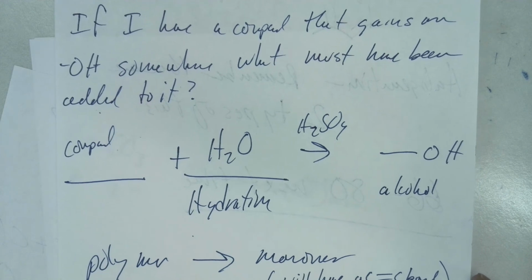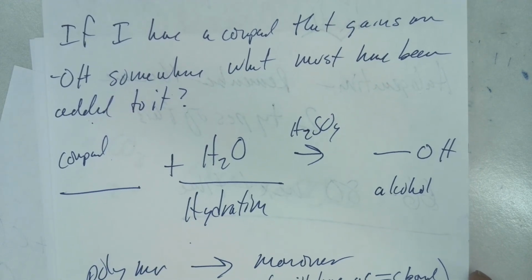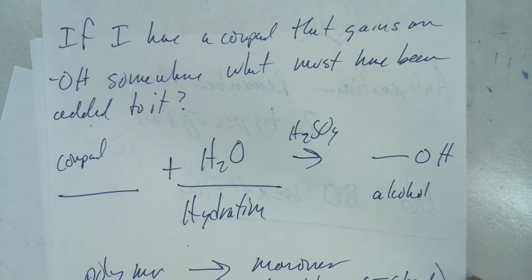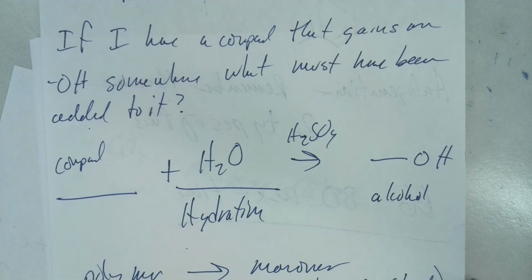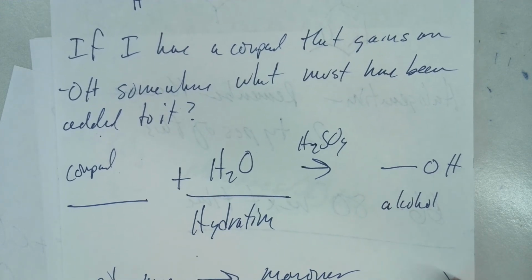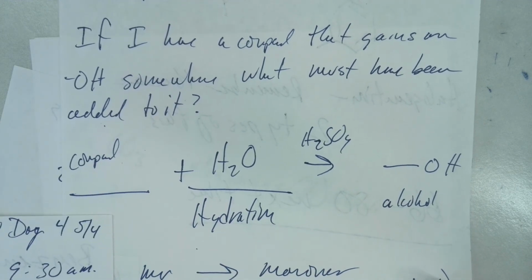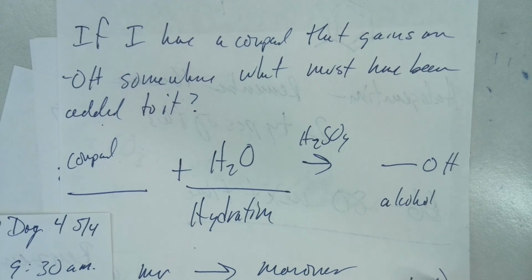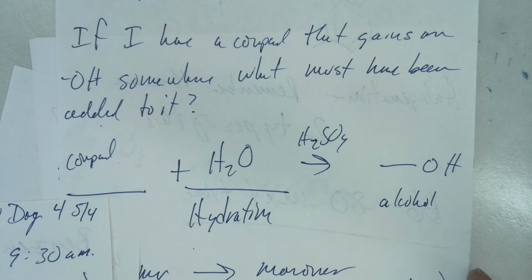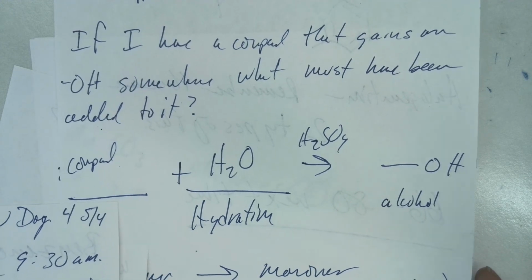Now, what I was trying to get out here is, if you want to make something an alcohol, which means you're going to add an OH to it, what you take is this compound, where your alkene goes. Any alkene. So let's say I took 2-butene.